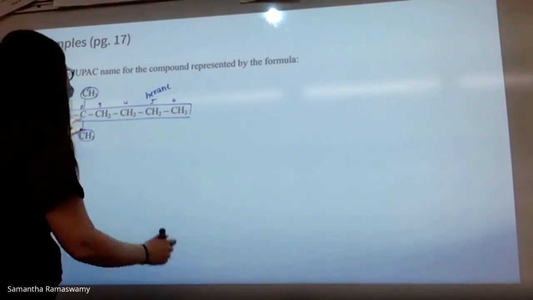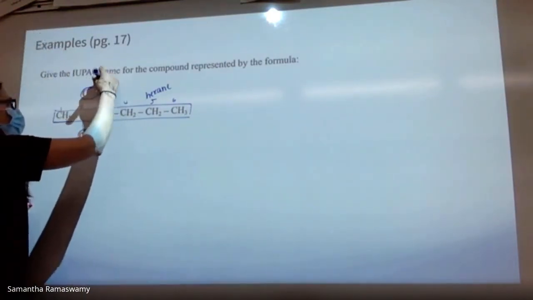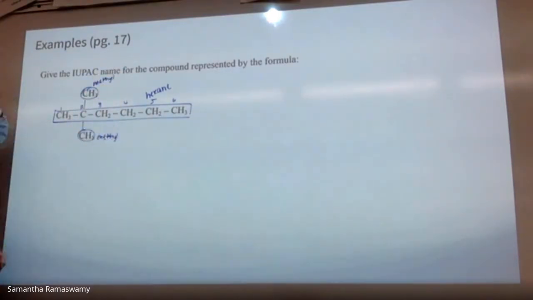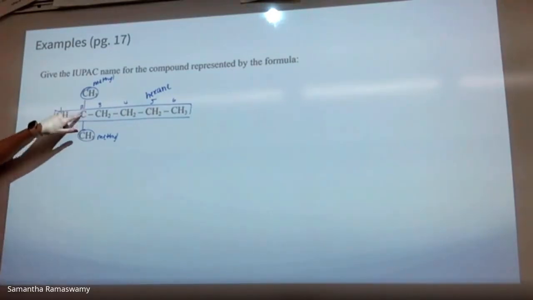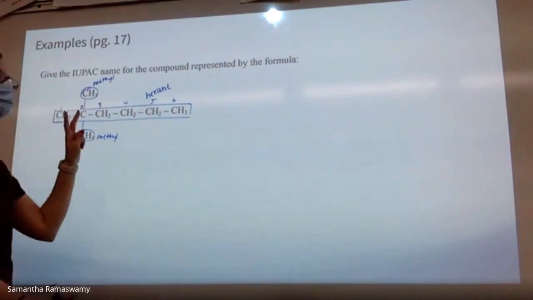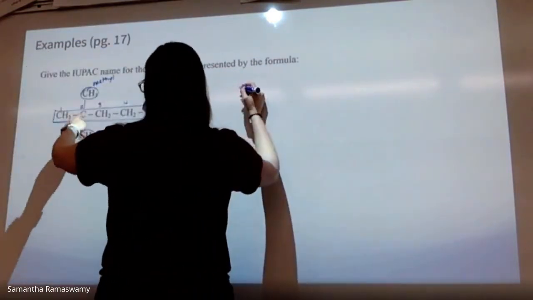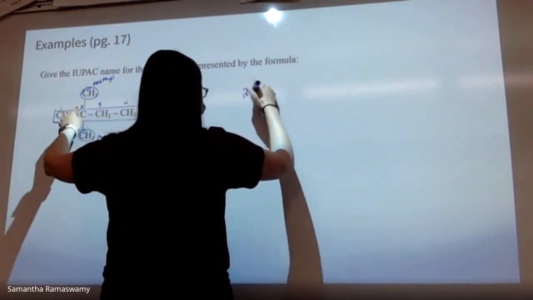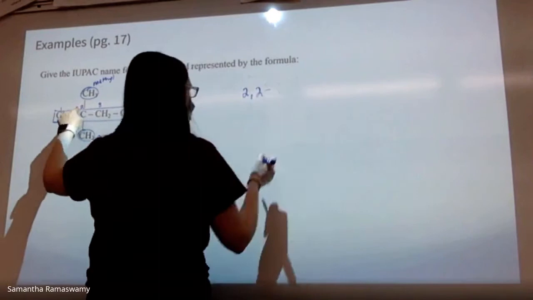So for this, CH3 group is methyl. I have 2 methyl groups again. So we know from before, 2 methyl groups is dimethyl. When we give the numbers, you have to give as many numbers as substituents. So if I have 2 methyl groups, I should have 2 numbers at the beginning of the name. Both methyl groups are off of the second carbon. So I'm going to do 2, 2.